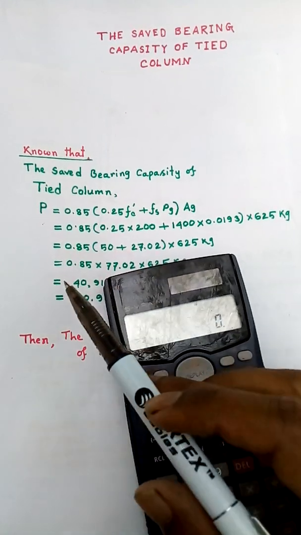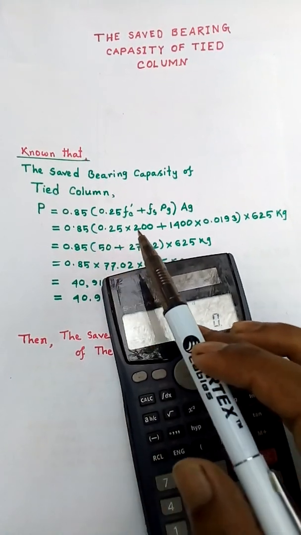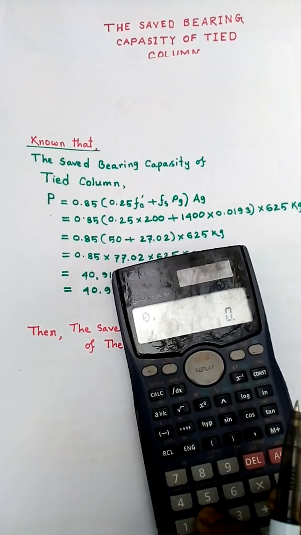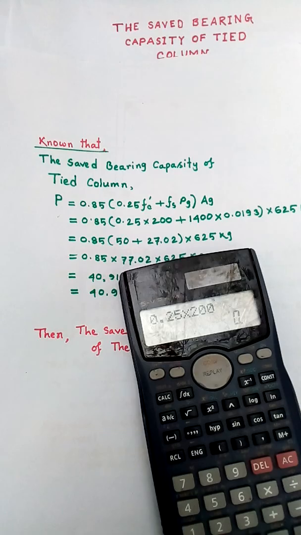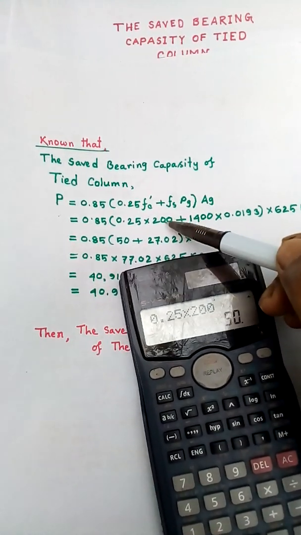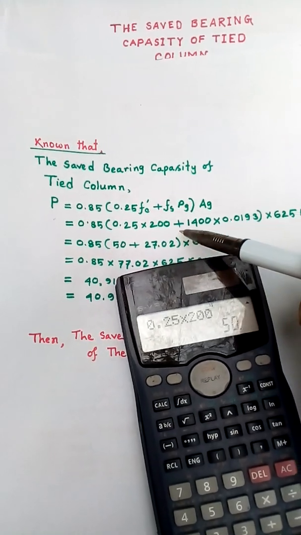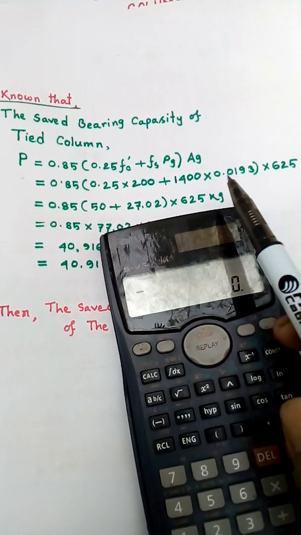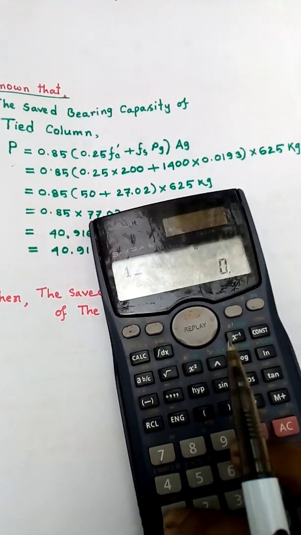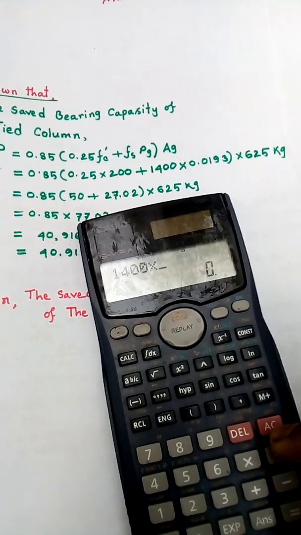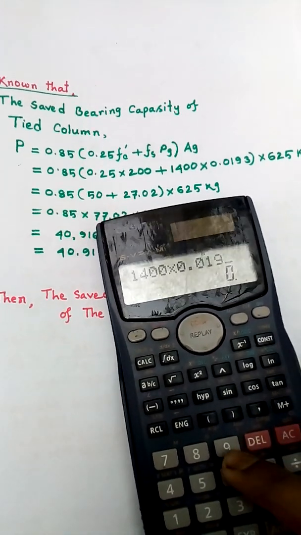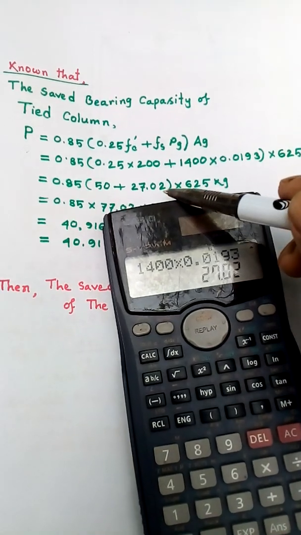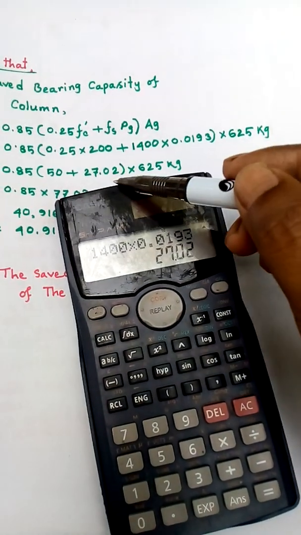Now, 0.25 into 200 equals 50, plus, after multiplying 1400 and 0.0193 we get 27.02, into 625.